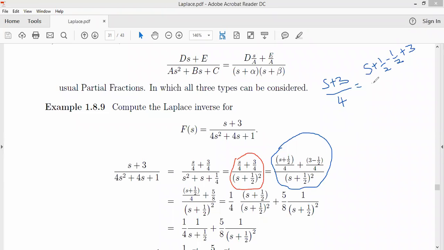This is an identity here, over 4. The right-hand side is exactly the same as the fraction on the left-hand side. The only difference is I have a half minus a half. Definitely this cancels out and I remain with s plus 3. So in doing so, I have come up with what I am interested in. From this, I can now have my s plus a half.